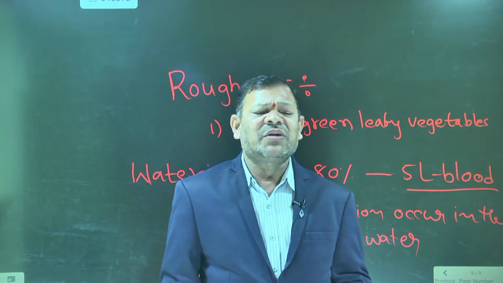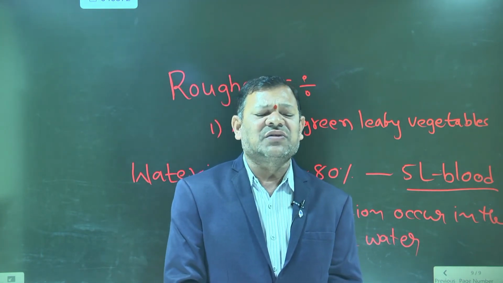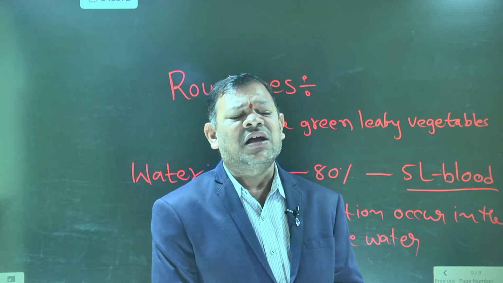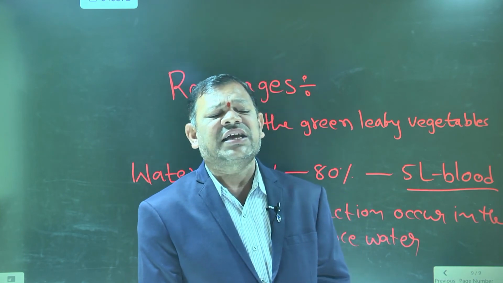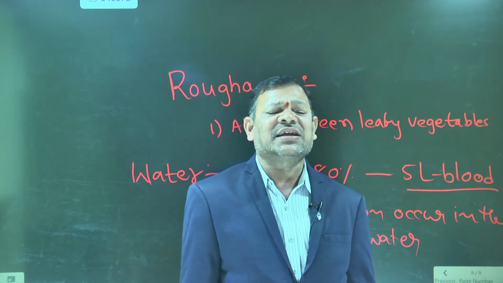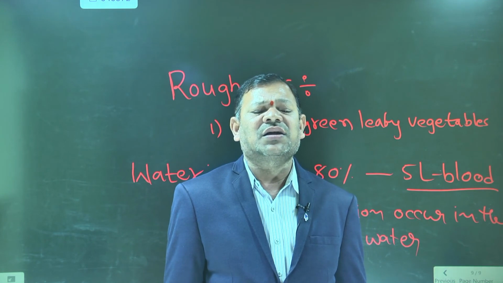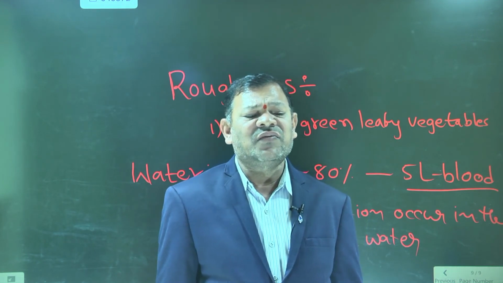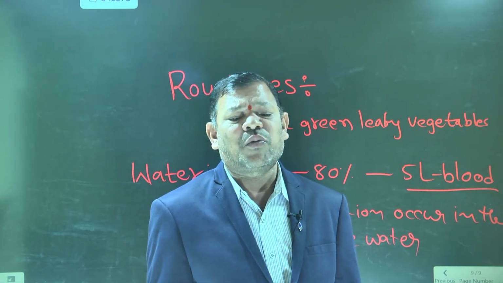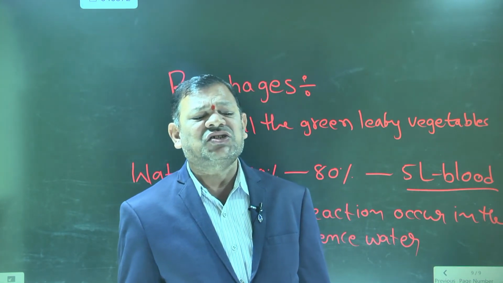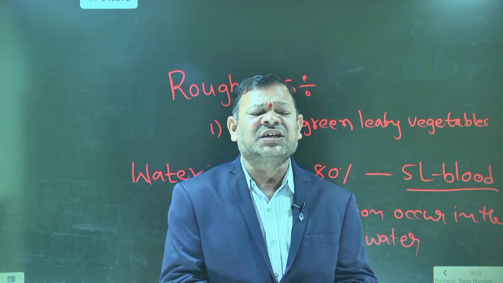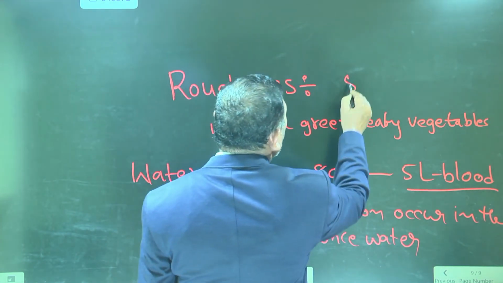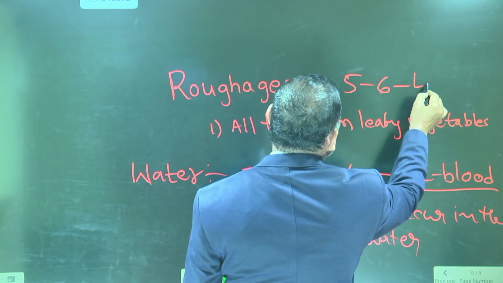Next, when metabolic activities occur in our body, waste materials are also formed, and they are sent to the excretory organs with the help of water only. So water is a very important essential component. Everyone must drink a sufficient amount of water every day, 5 to 6 liters.